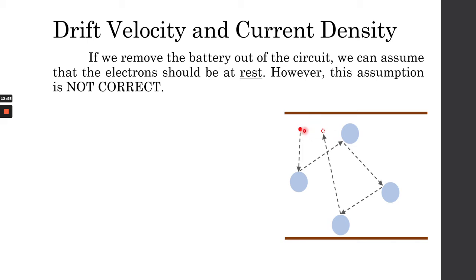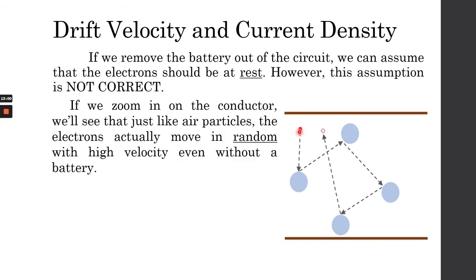What is happening is that the electrons are moving in a random zigzag motion. They're colliding with themselves, and they're colliding with the positive ions present in the conductor.